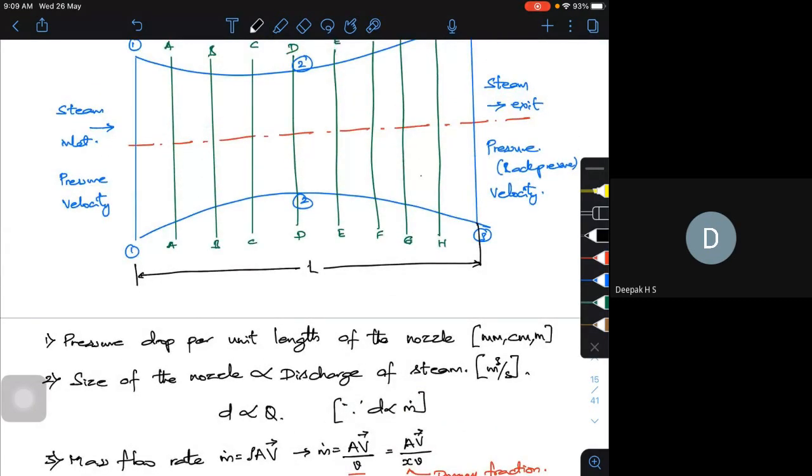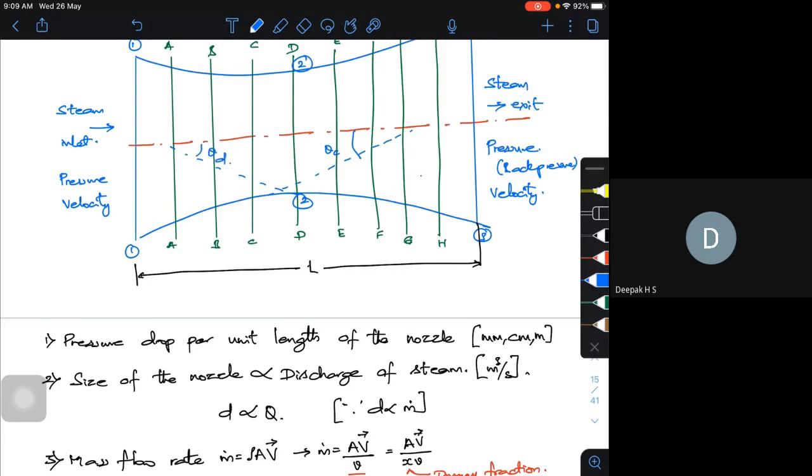Now, one more factor comes into the picture here. If I try to extend this particular section, what are we going to get? We are going to get something called an angle, alpha of converging, or you can call it theta of converging angle. This is your theta of diverging angle.